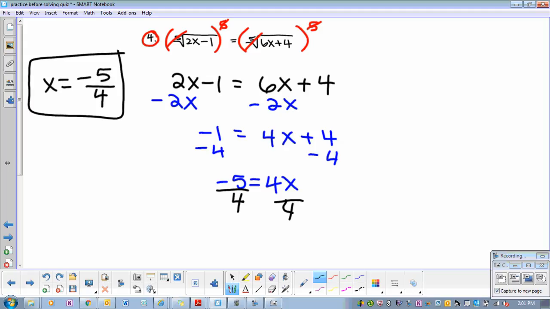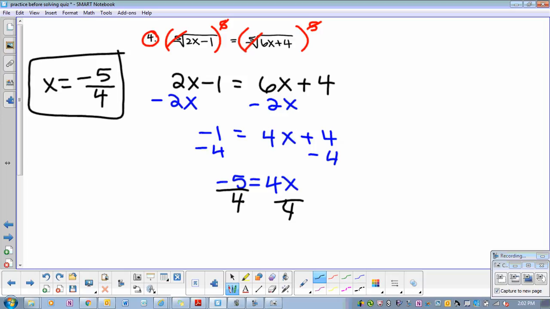But you definitely need to check because this started off being a radical. And if you go back and look at your problem, you have a variable on the left side and a variable on the right side. Please make sure you check both and that they equal each other. Does that make sense?